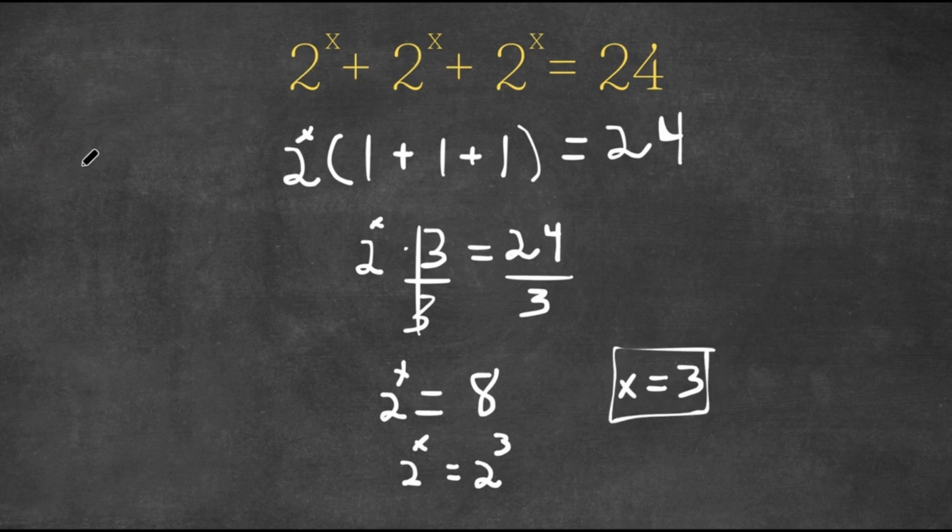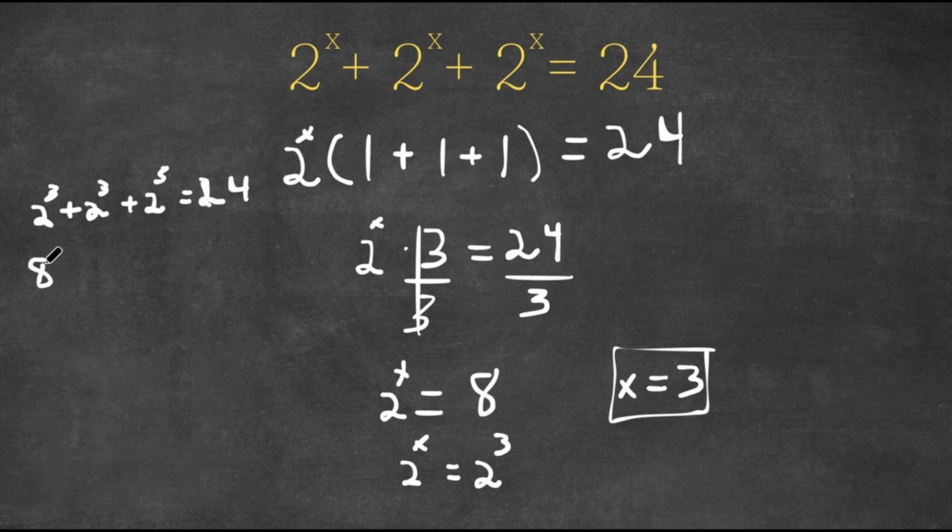Now, if I plug this in to our equation here, we have 2 to the power of 3 plus 2 to the power of 3 plus 2 to the power of 3 is equal to 24. Now 2 to the power of 3 is 8.